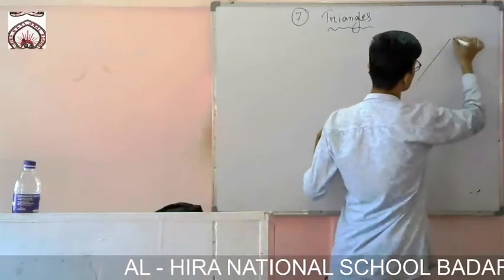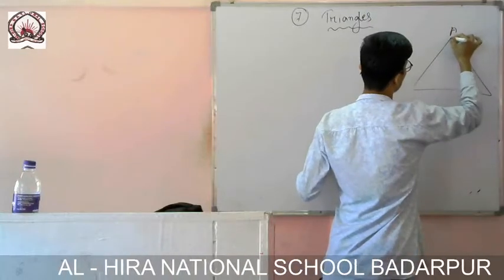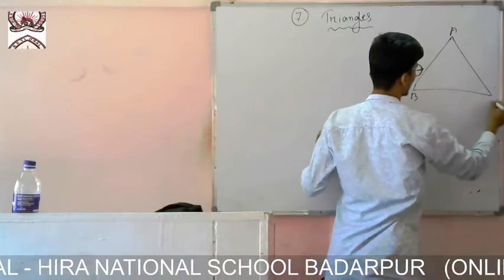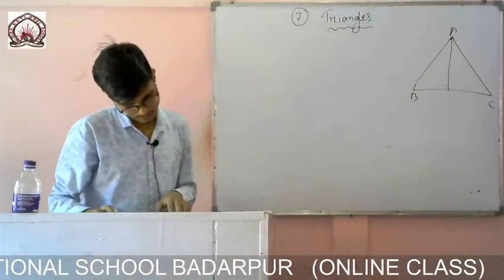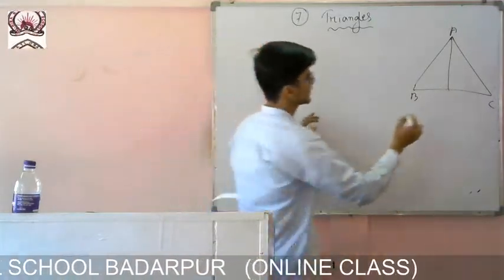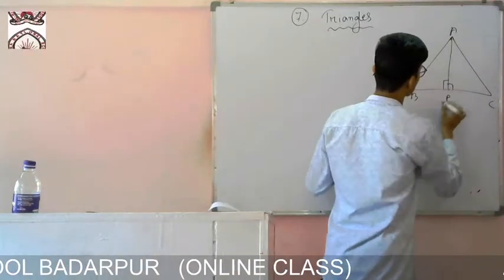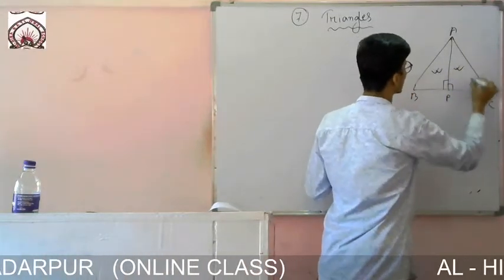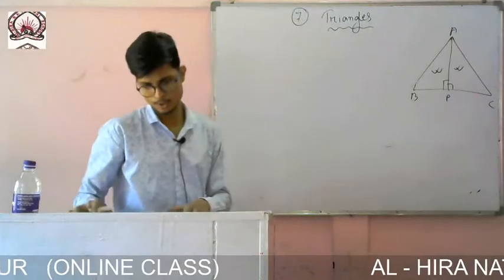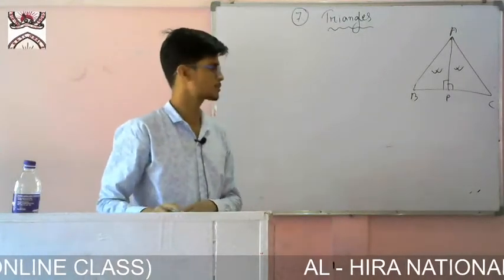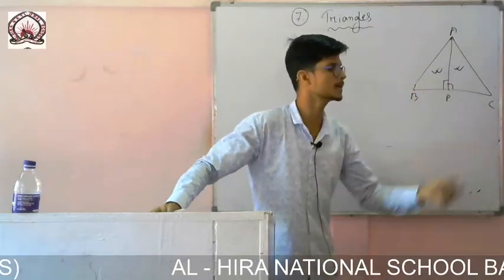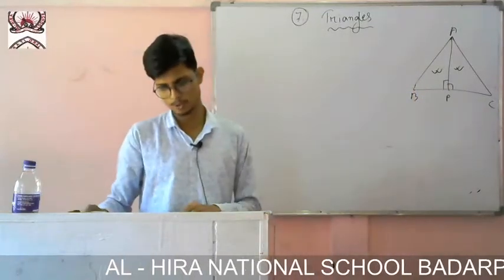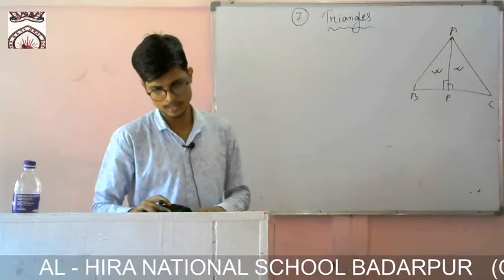So ABC is a given triangle, and one like this is given. So what is given here? AP is perpendicular to BC. So if I can prove that these two triangles are equal, what I have to show is that angle B equals angle C. If I can prove that these two triangles are congruent, then I can write angle B will be equal to angle C, because corresponding parts of congruent triangles are equal.